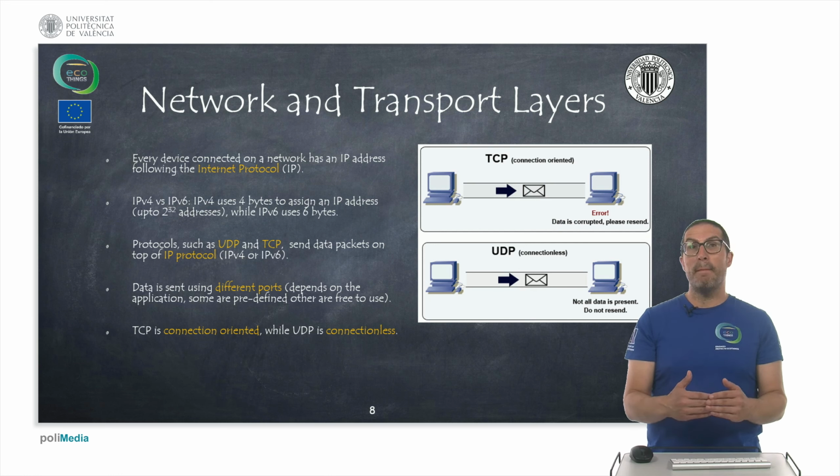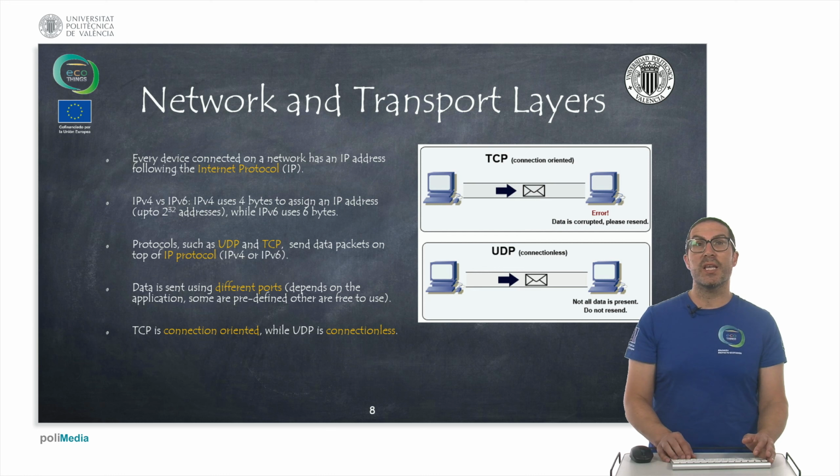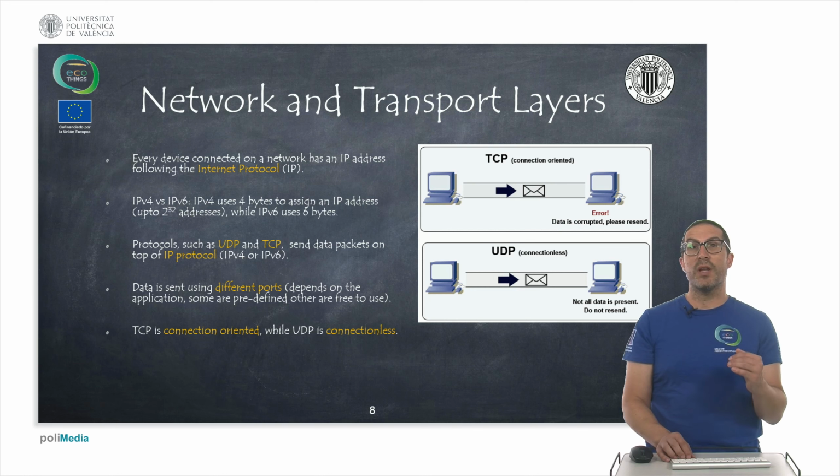And on top of that, we can find a transport layer, where we typically use UDP or TCP. The difference is that TCP is connection oriented, so that means that when we send something, we need a confirmation that it has been received.